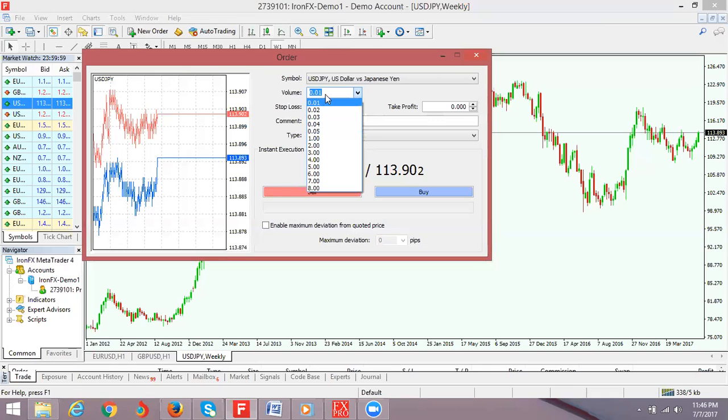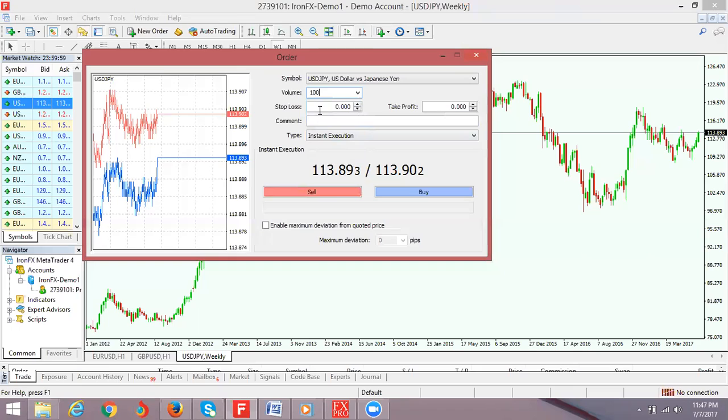There's 0.01, which is usually called a micro. You go to 0.10, it means that on average, every pip will be worth $1. Then we have 1.0. It means every pip will be worth about $10. Then we have 10. Every pip will be worth $100.